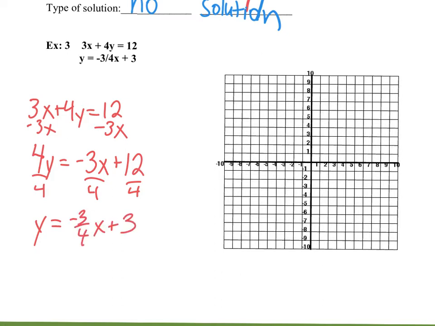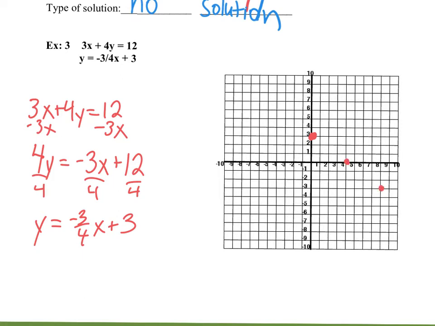Good. Raise your hand if you got that one. You knew how to get that equation into a graphable form. Woohoo! Nice. Okay, so how do I graph that one? Plot the 3. Down 3, right 4. Love it. Down 3, right 4.